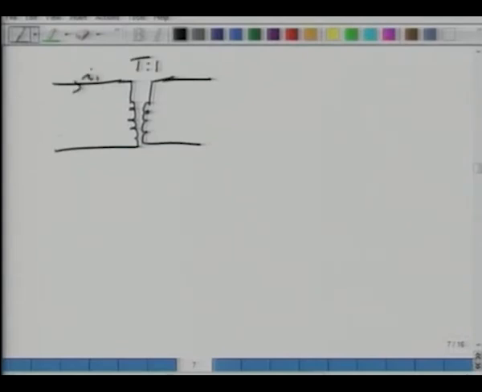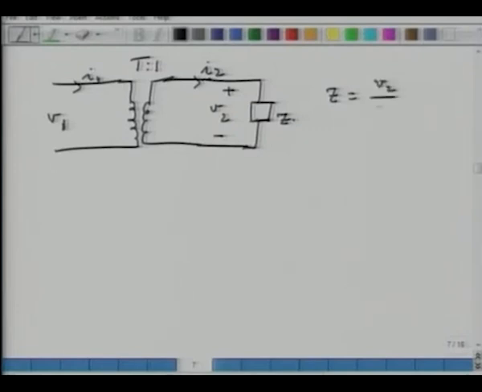Again, these are my V1, I1, V2, I2. This is connected to an external impedance, which is Z. So we know that Z equals V2 over I2.